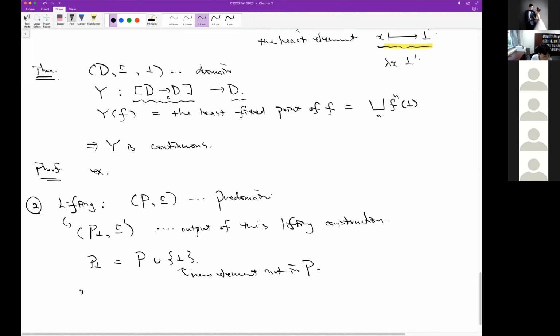So for any x and y in P bottom, we say that x is less than or equal to y in this new lifted domain if and only if x is bottom, the smallest element, which is less than or equal to anything in this domain, or x and y are both in P and they are already in the less-than-or-equal relationship.